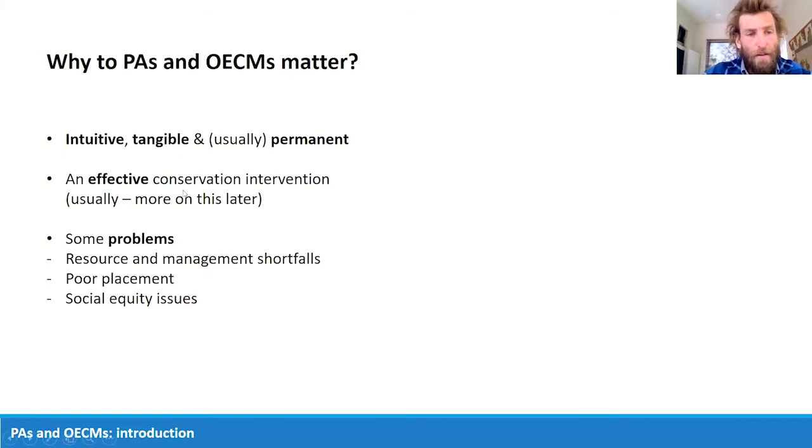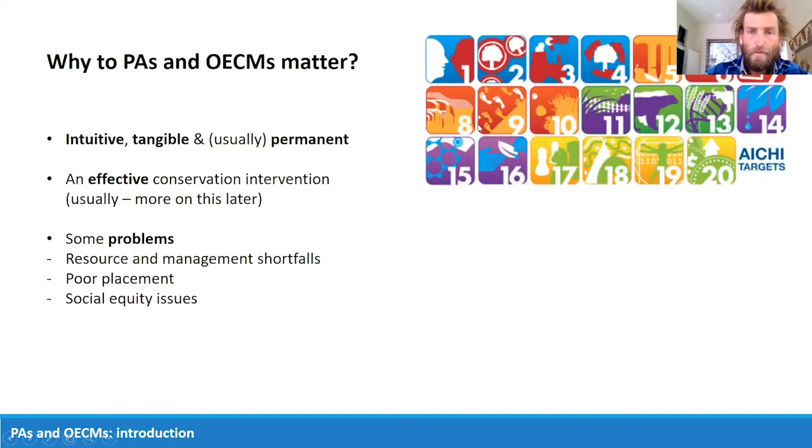So these problems, along with them being an effective and intuitive action, mean they garner a lot of attention from governments, which led them to be incorporated into the Aichi targets. Aichi Target 11 talked about area-based conservation.